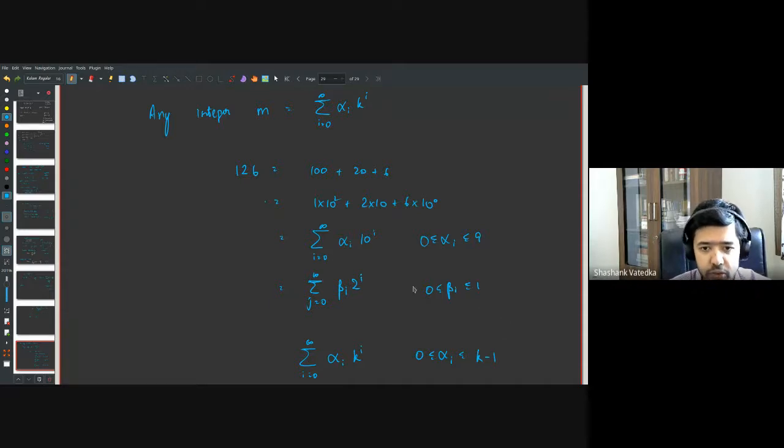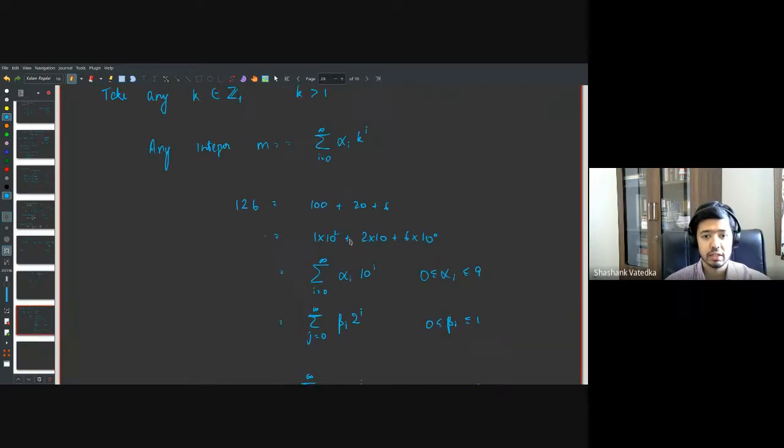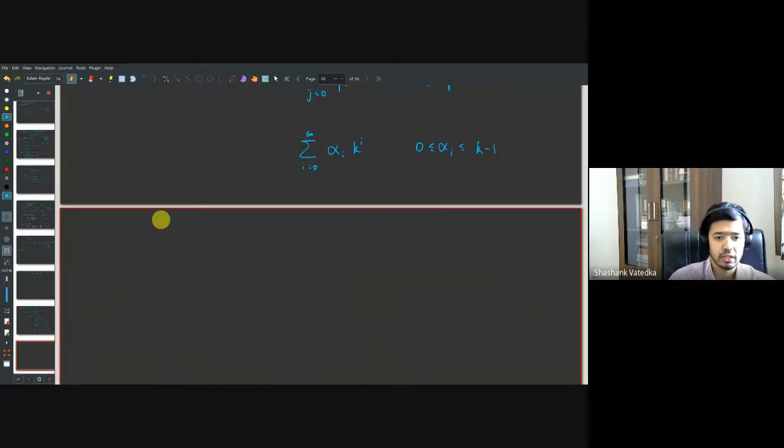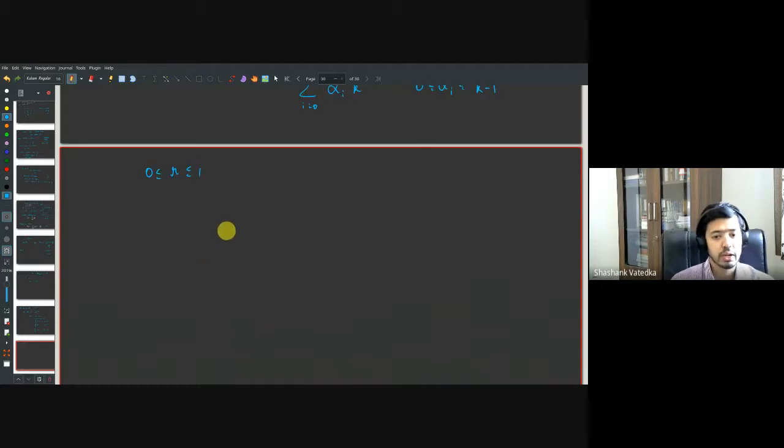Right? Now I can also write any number between 0 and 1. Suppose that I have any number r which is between 0 and 1. I can also write this in base k. So I can write r as summation i equal to 0 to infinity alpha_i r to the minus i.